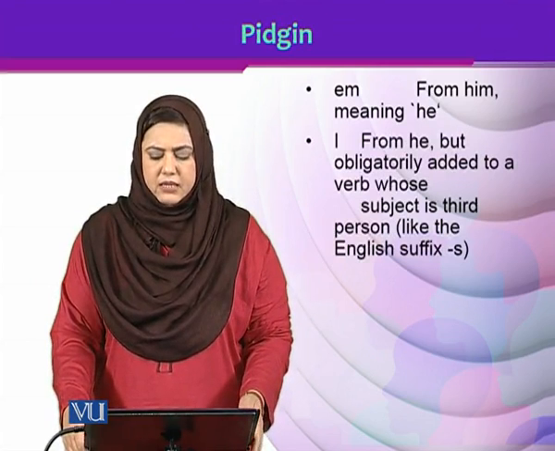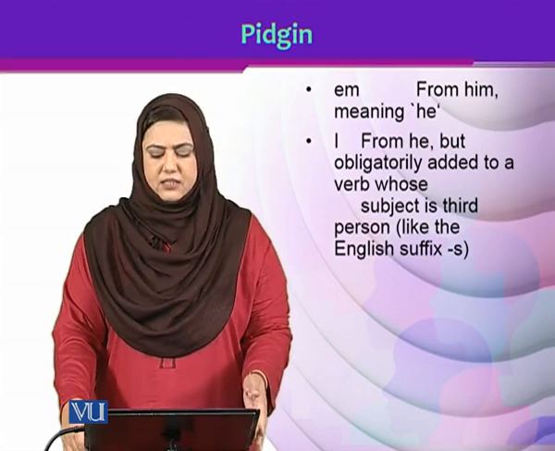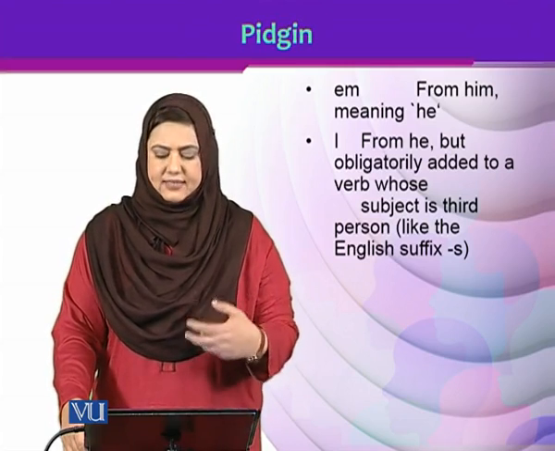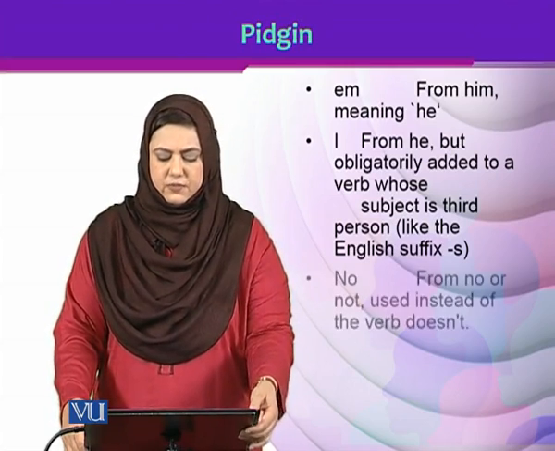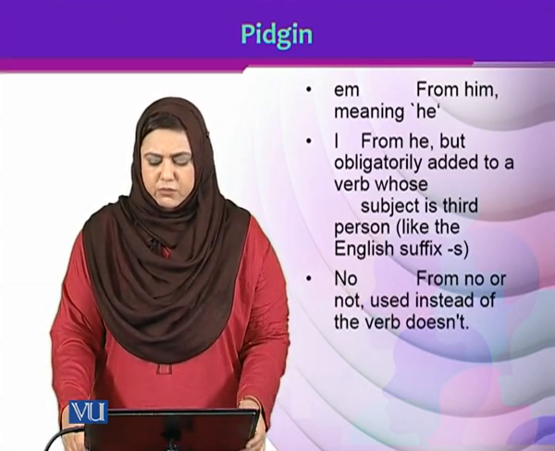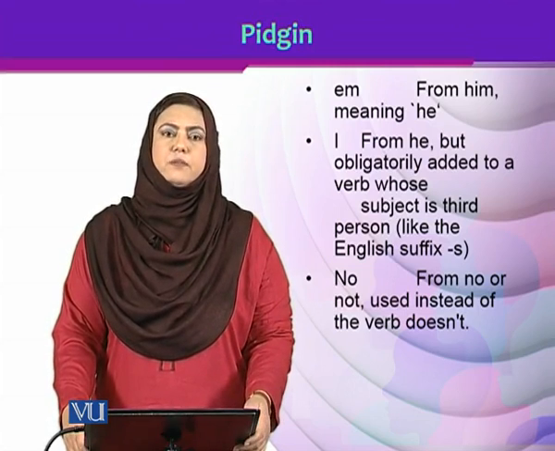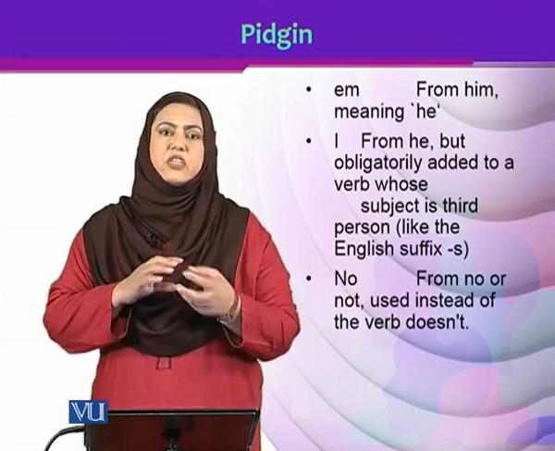I, from he, is obligatorily added to the verb whose subject is third person, like we add an s suffix in English. The word no here comes from no or from not of English, and it is used instead of the verb does not. So, a lot of simplification has taken place.